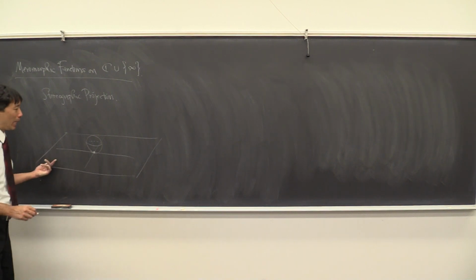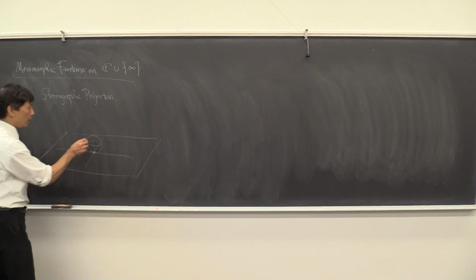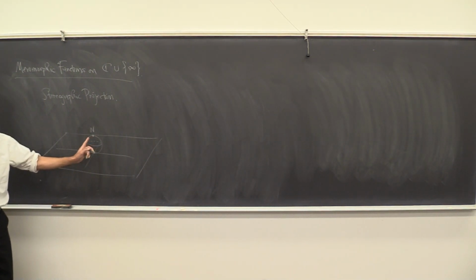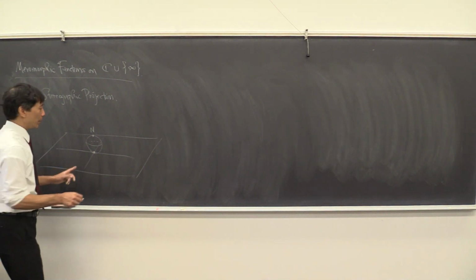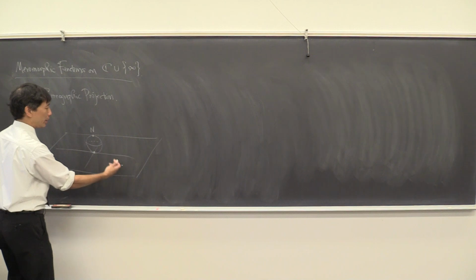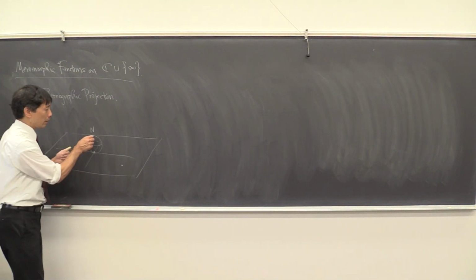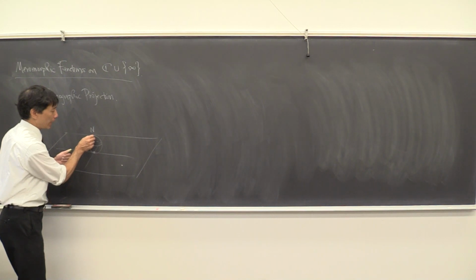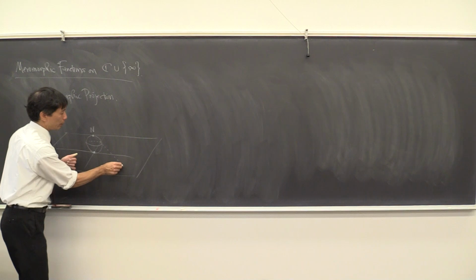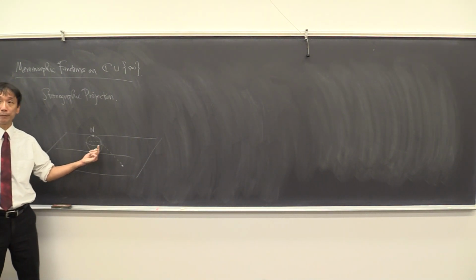Then you define a map from the plane to the sphere, or from the sphere to the plane, it doesn't really matter, by saying that you call the north pole N, and every point on the plane will be identified with a point on the sphere, the one that you get by taking a ray from the north pole through that point and seeing where it intersects the sphere.